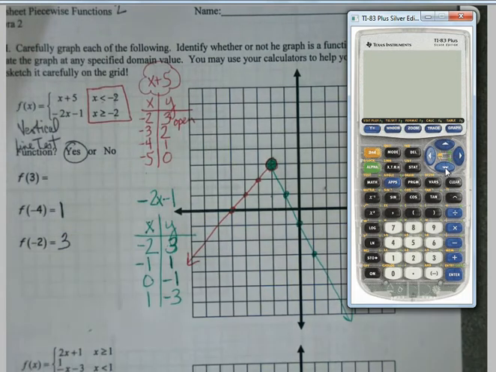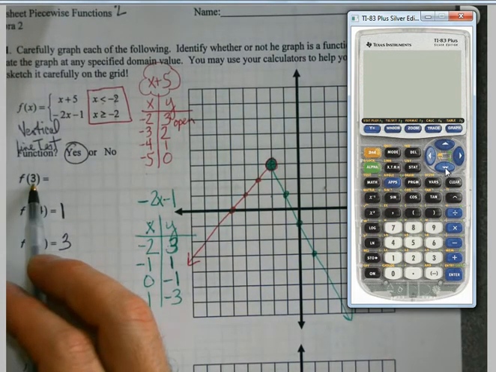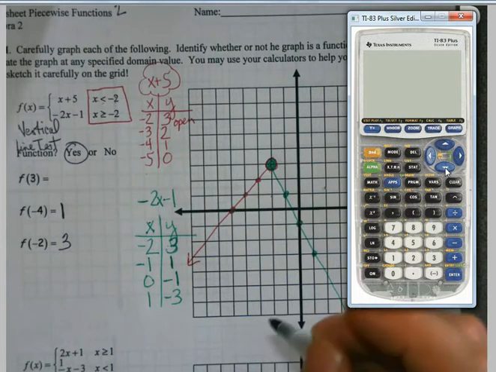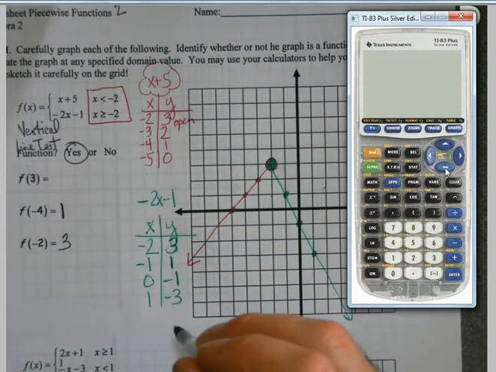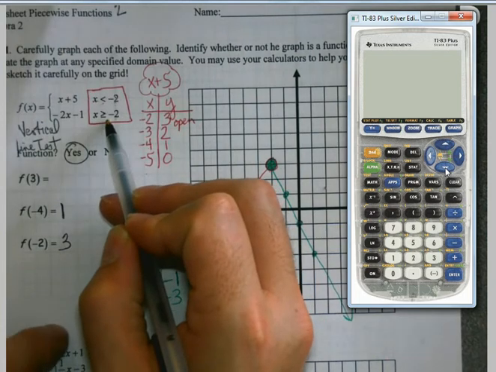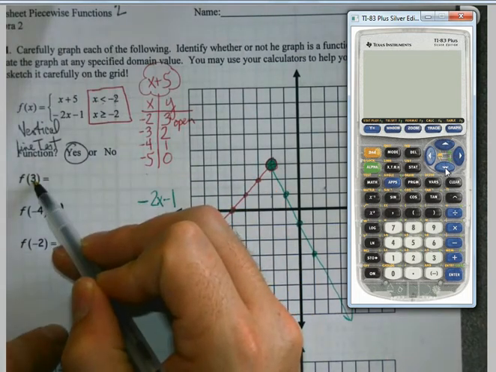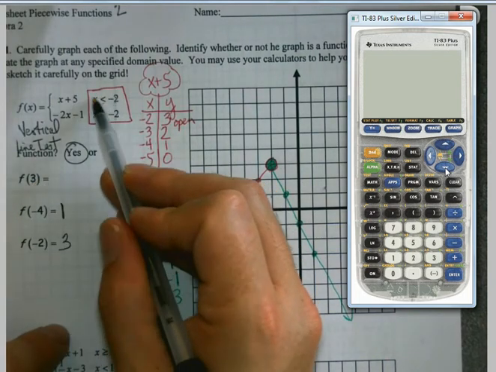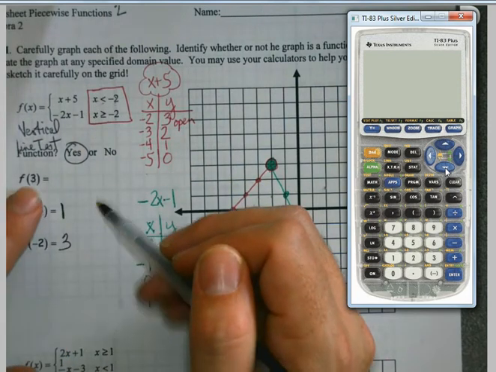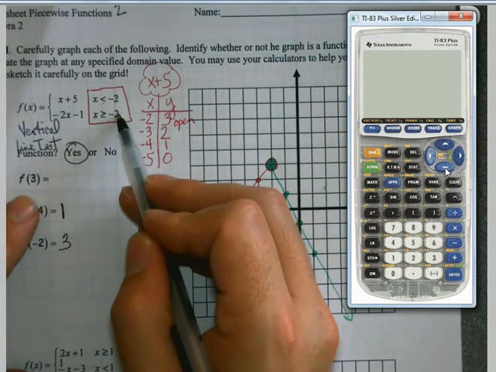Okay. But wait a minute, I don't have this one. I probably could figure it out if I followed my line down, but what about it otherwise? So again, look inside the red box for a minute. If I plug in 3 for x, which one works? Because only one of them will. The bottom one, because 3 is greater than negative 2.